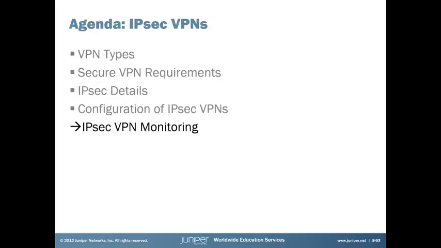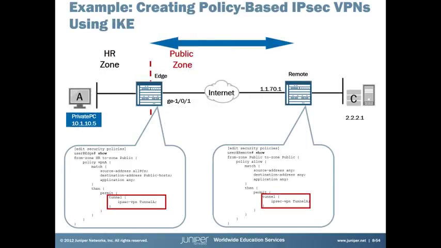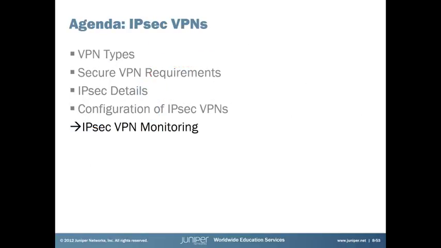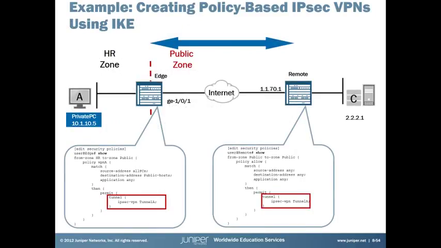How do we monitor a VPN? Make sure that it is in fact working. So there are tunnels here. Let's work through this example. So here's our example. We've got a private network there on 10.1.10.5 and a private network on the other end at 222.1, it looks like.